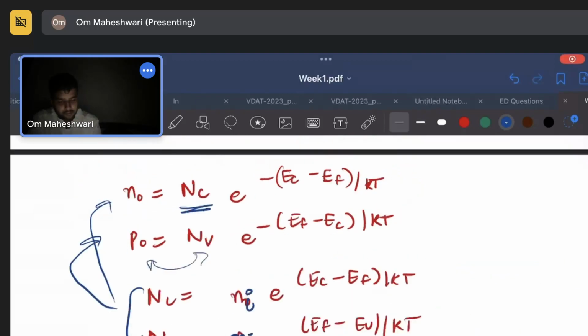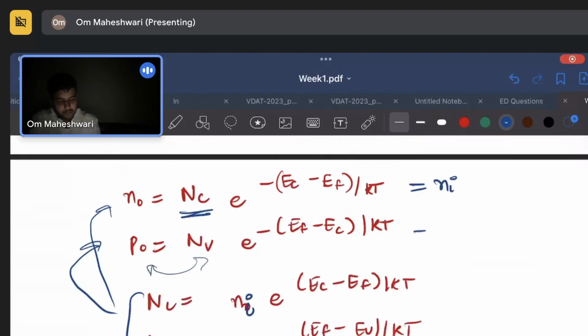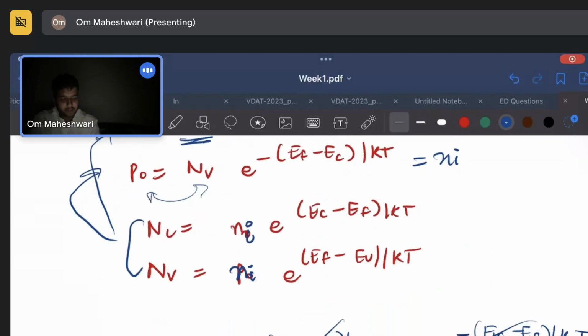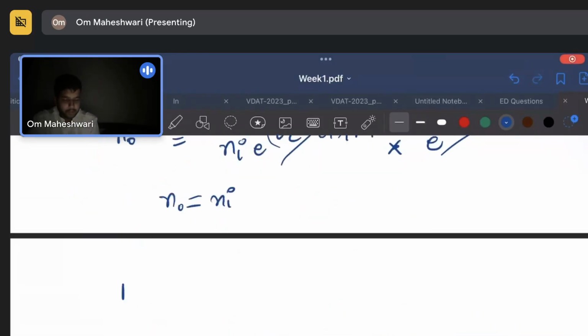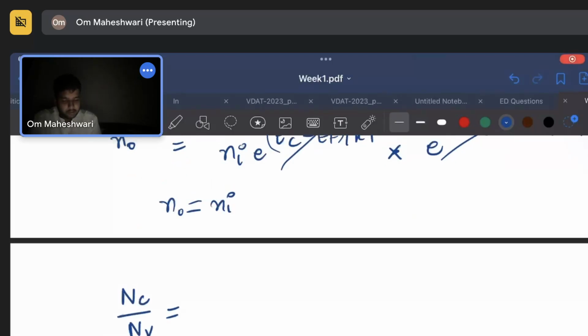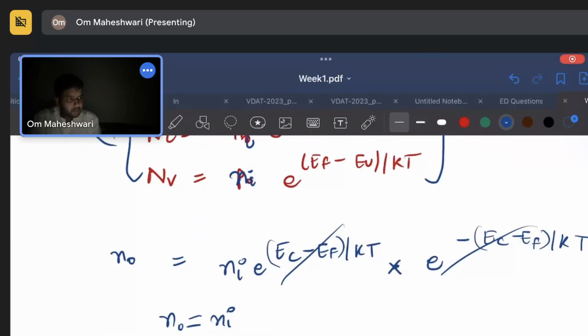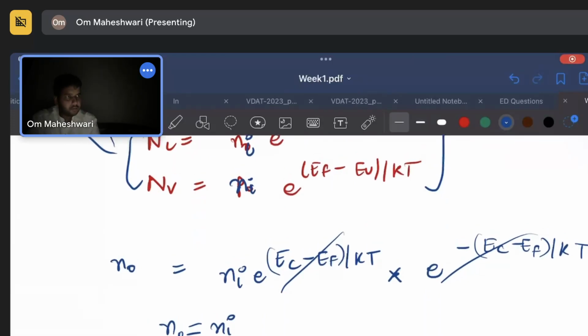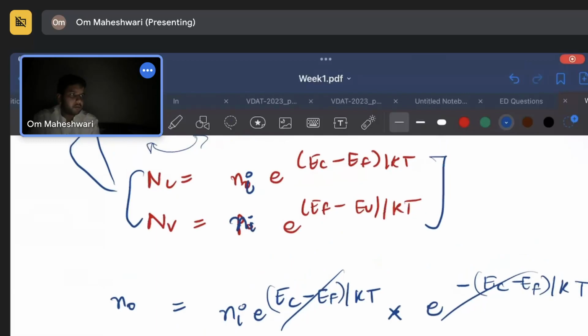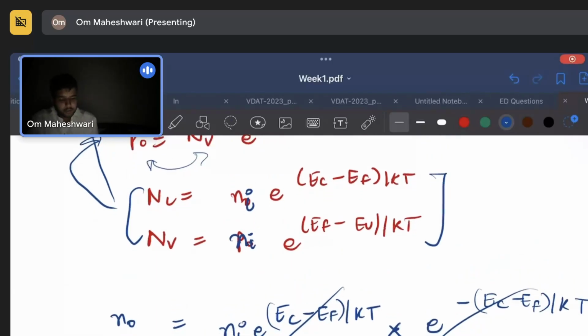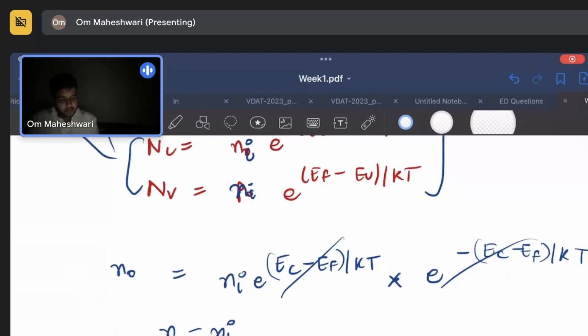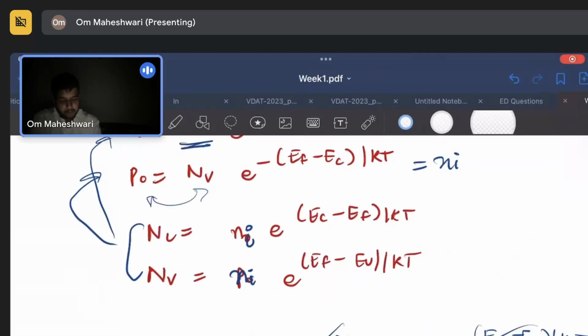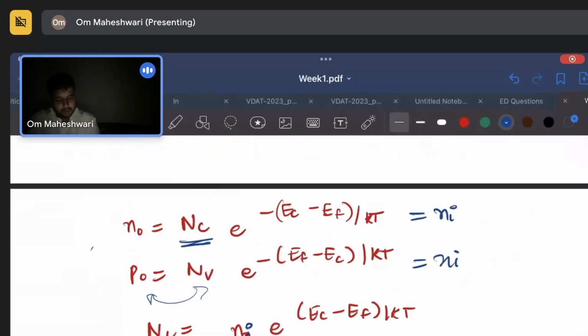So this is ni, this is also ni. Let us not take the ratio of Nc and Nv, let us take the ratio of n0 and p0. So let me copy this here.